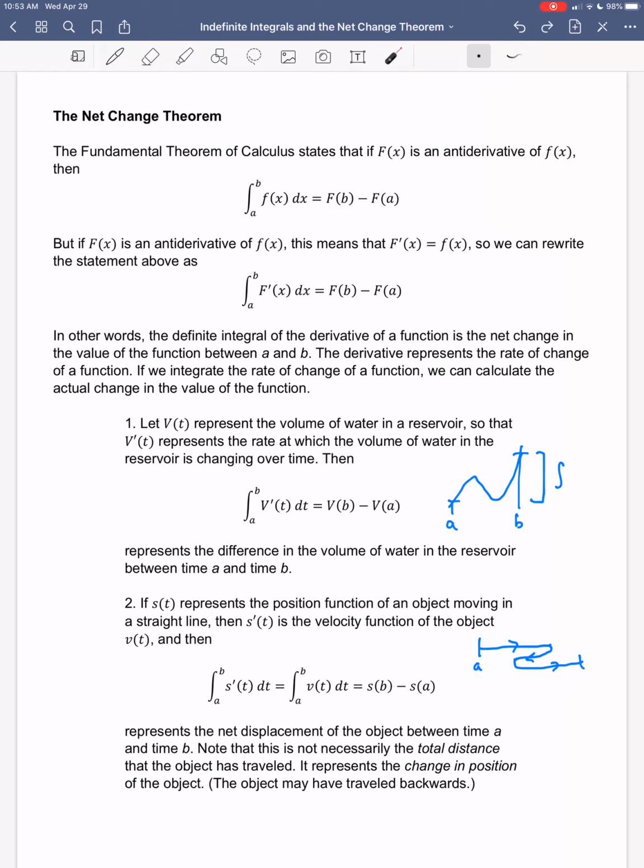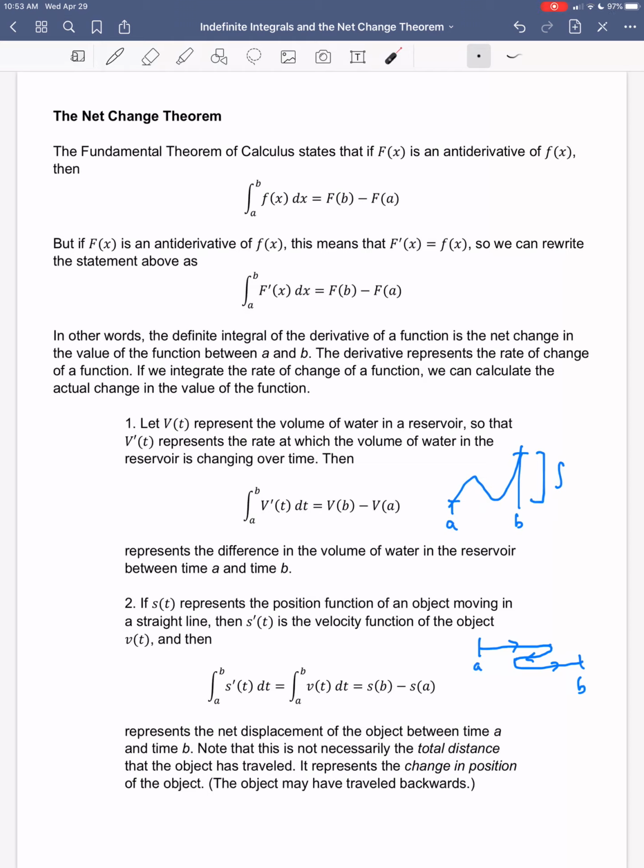Now, time b, I want to label that. Okay, so it's moved from this position at time a to the position at time b. And so I've changed position going between those two.